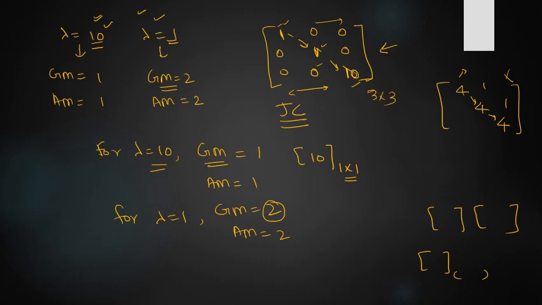So here what you will do, your other two elements, this is lambda equals 1, right? So you will take 1 and 1, two matrices of order 1 by 1, right? So two blocks. And if you see for all the Jordan blocks, the summation, 1 by 1 plus 1 by 1 plus 1 by 1, the order is 3 by 3. So this is how it works.